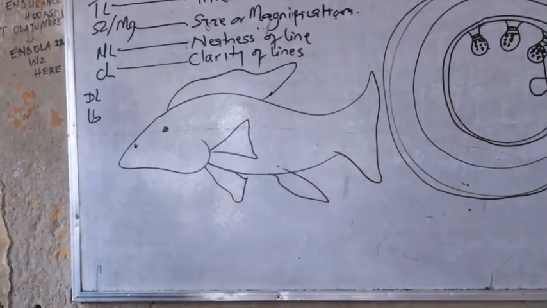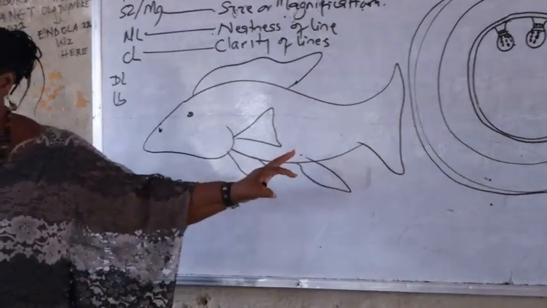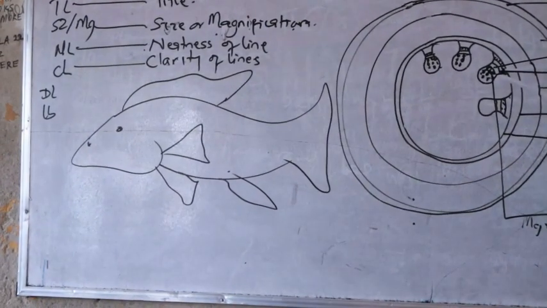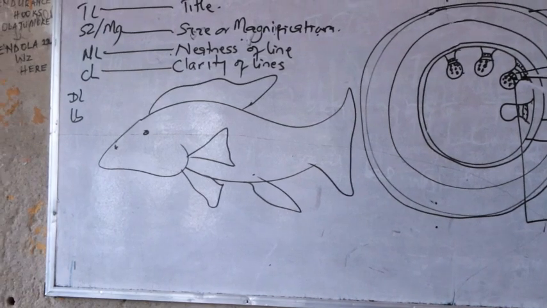If you draw your diagram like this, you start thinking about labeling horizontally, and you are given a proportion, maybe 8 to 10 cm.